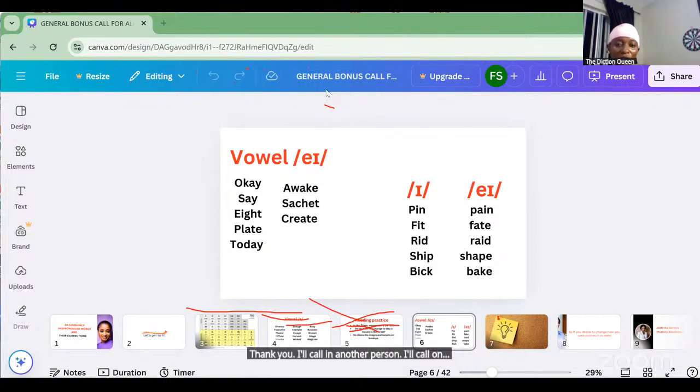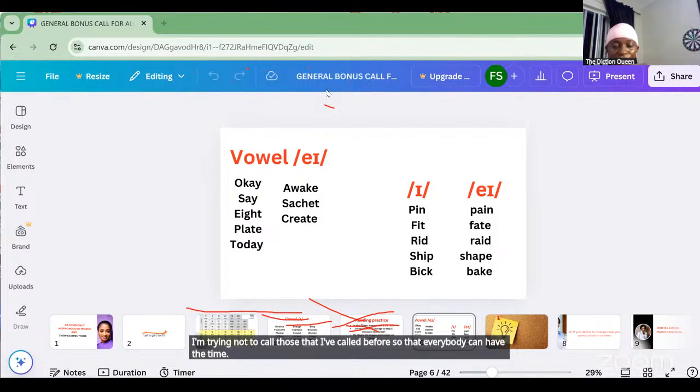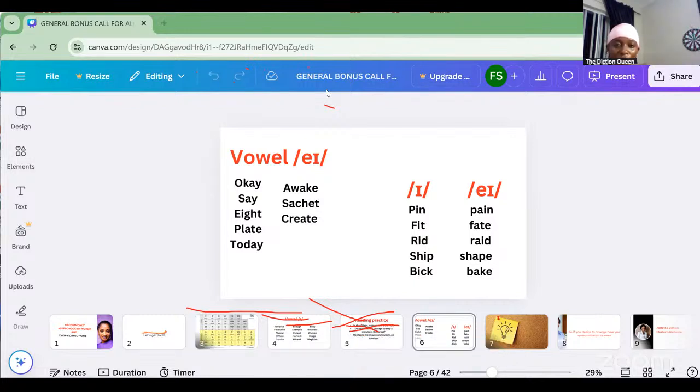I'm trying not to call those that I've called before so that everybody can have the time. Clue, I've called you. Christy, I've called you. Comfort, I've called you. Faith, I've called you. Ijoma, I've called you. Where are those that I've not called? They're not even raising their hands. That's the thing.